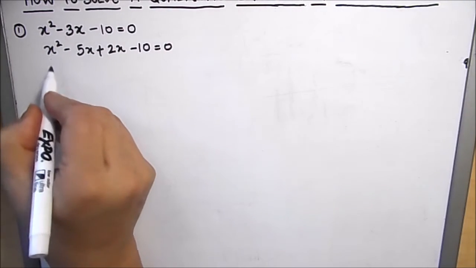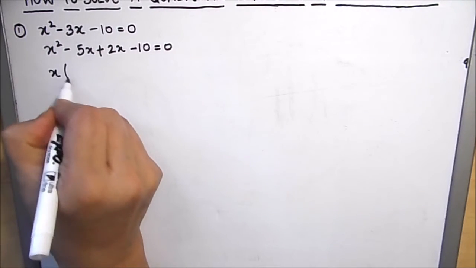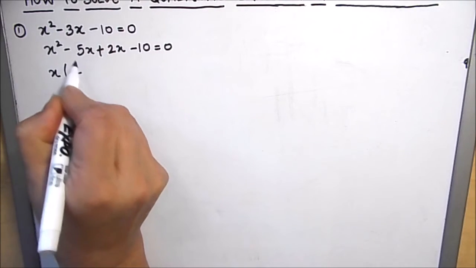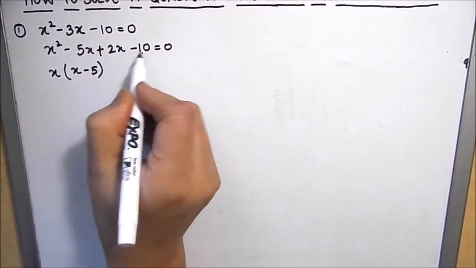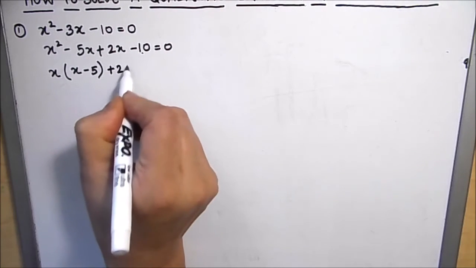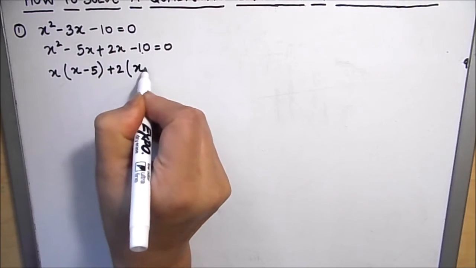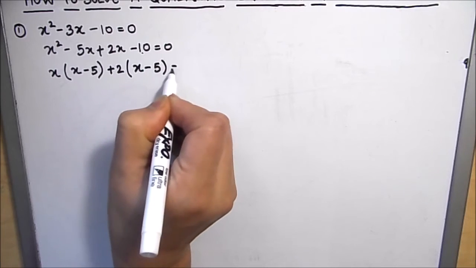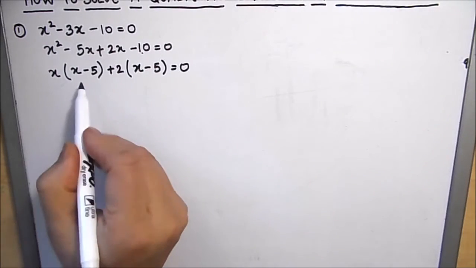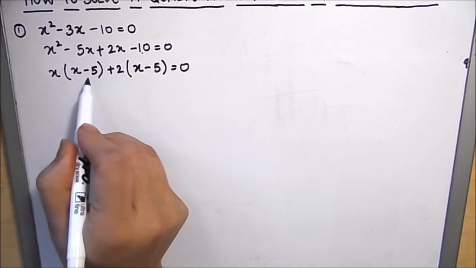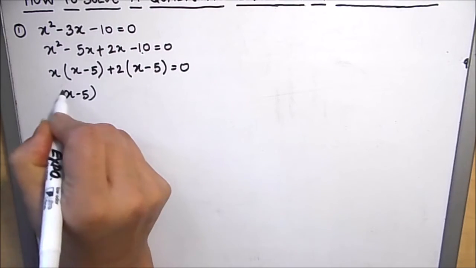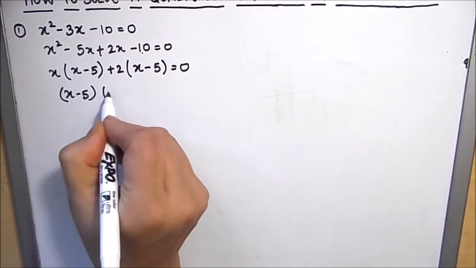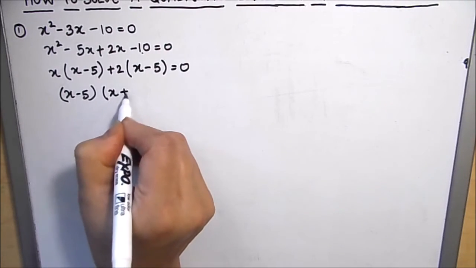From the first two terms we can take x as common, so x will be left out and minus 5. And from the last two terms we can take plus 2 as common, so this will become x minus 5. Now in both the terms x minus 5 is common, so we will take x minus 5 as common, and here we are left with x, and here it is 2.